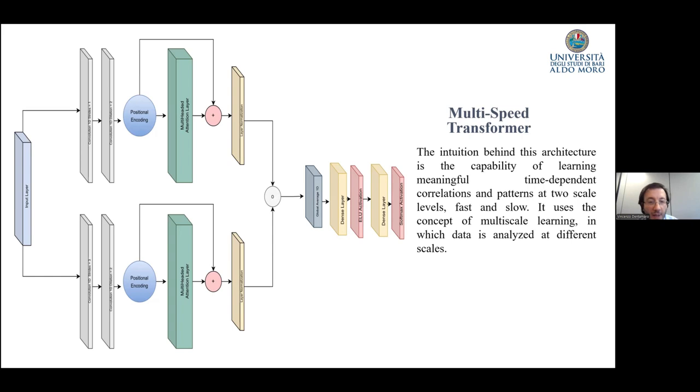In this case, the fast branch, the lower branch, is capable of finding broad concepts, which means long-term patterns, such as the freezing gait in Parkinson's disease. While the slow branch, the upper branch, is capable of finding fine-grained movements, such as the tremors in Parkinson's disease.